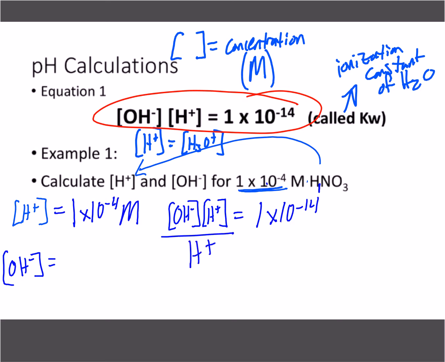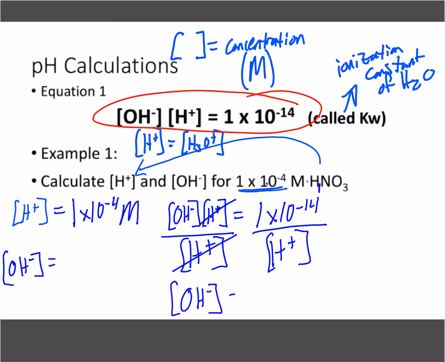Divide by H+, right? Don't get hung up on the brackets and the charges. It's just like saying A times B equals 1 times 10 to the minus 14, and then solving for your unknown variable. So we're going to divide both sides by the H+ concentration, then we can plug it in. OH minus equals 1 times 10 to the minus 14 all over, what's our concentration for hydrogen ion?